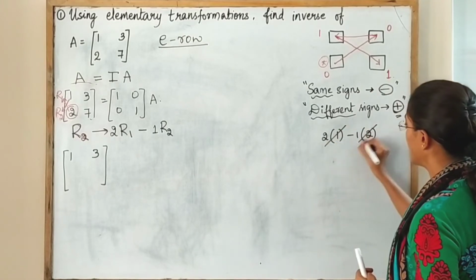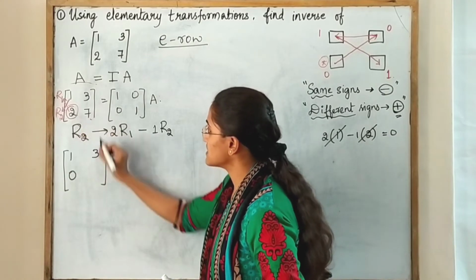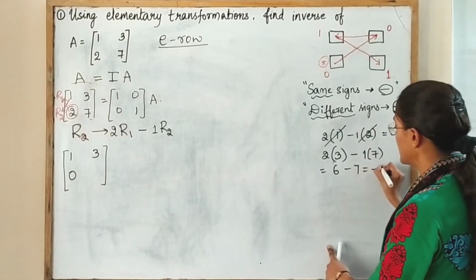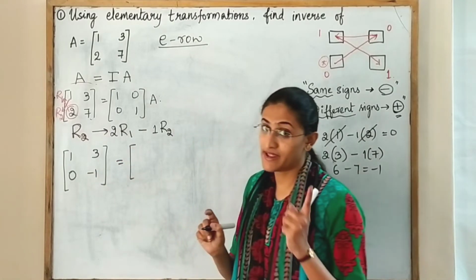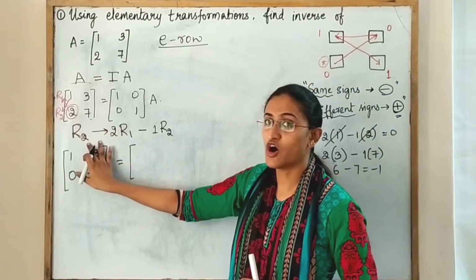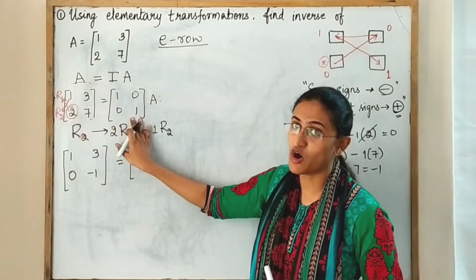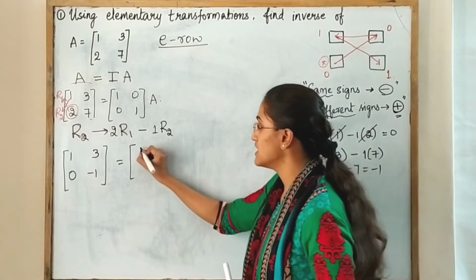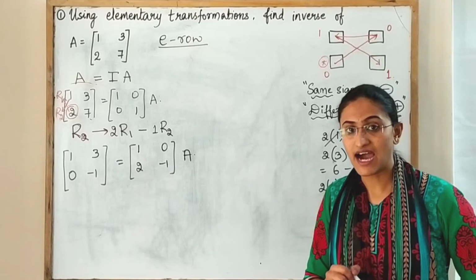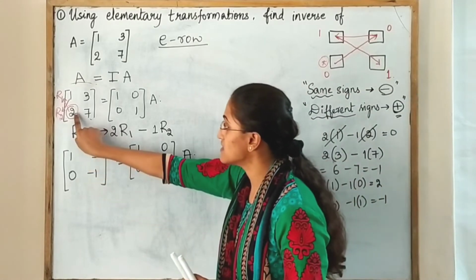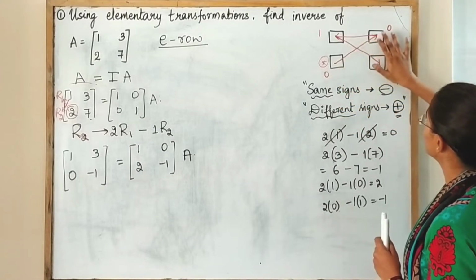See, I have successfully got the element as 0. Now for the second element, where we get the element as -1, and please don't forget, when you apply the operation to the LHS matrix, you also have to apply the same operation to the RHS. Now, as per our preference, I have made the first element 0. Now what is our second step? I'll move to this one.